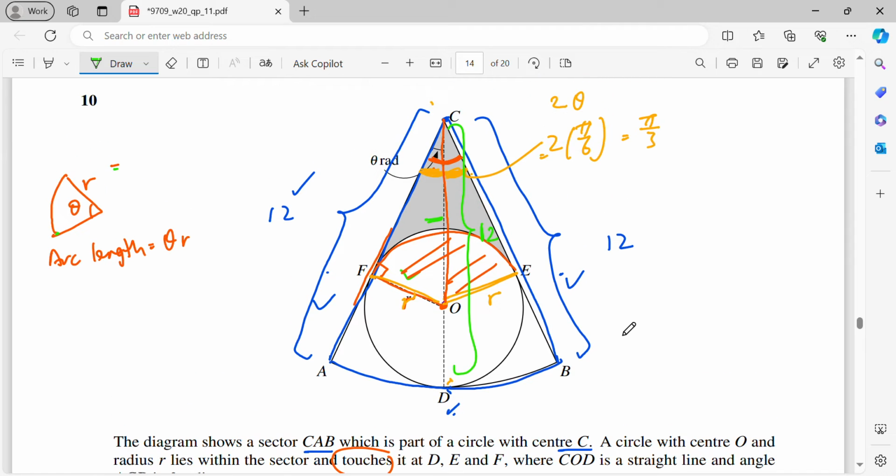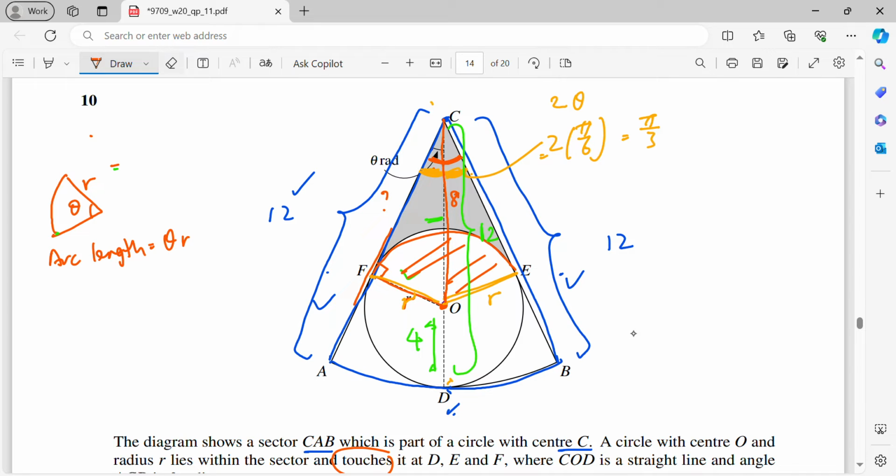That means I know that here is 4, so which means this is 8, because total is 12. So now I know that this is 8 to find the triangle, but unfortunately I do not know what is this, otherwise I can just use CF times FO then times half.